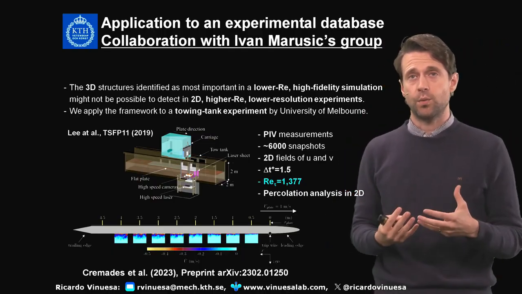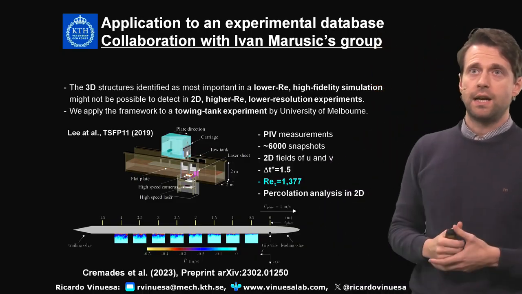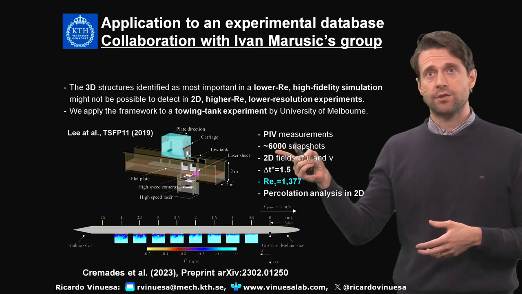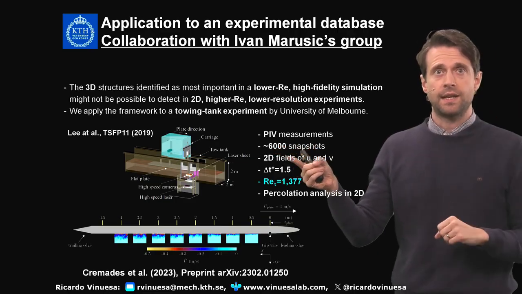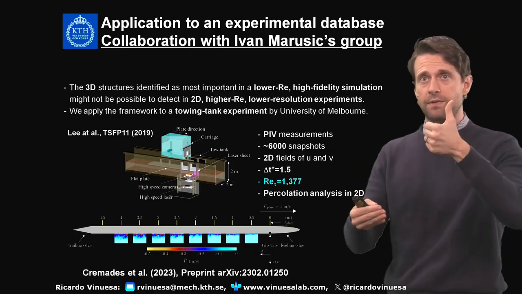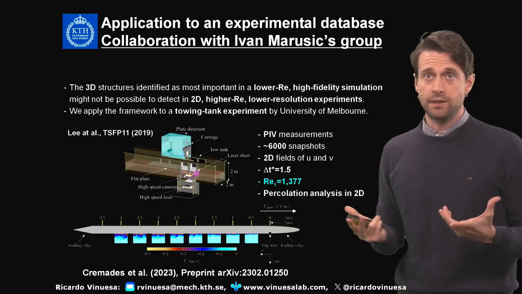This is a quite convenient way to achieve high-resolution snapshots, which we will be using for our comparisons with the DNS. They perform PIV measurements, around 6,000 snapshots, so very similar to the type of data set that we have in the DNS. They obtain 2-dimensional fields of U and V, so those are the streamwise and wall-normal fluctuations. The viscous time is a bit more than 1 viscous unit.